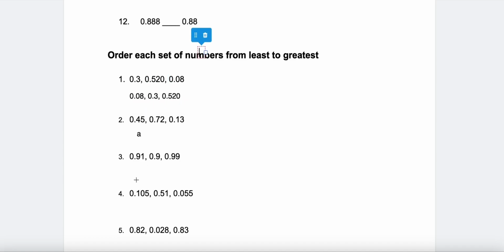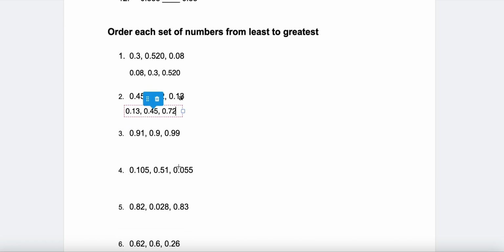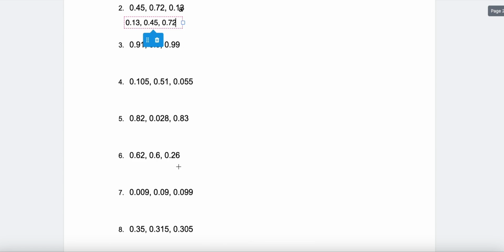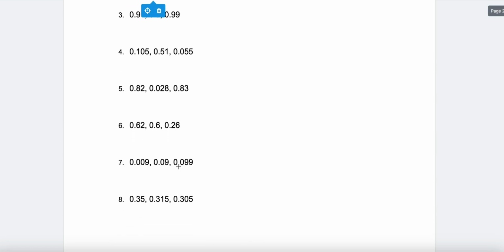Okay. Here, the smallest number is 0.13, then it's 0.45, and then 0.72. Try number 3 to 6 on your own.